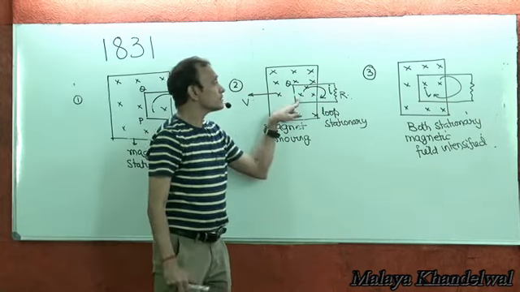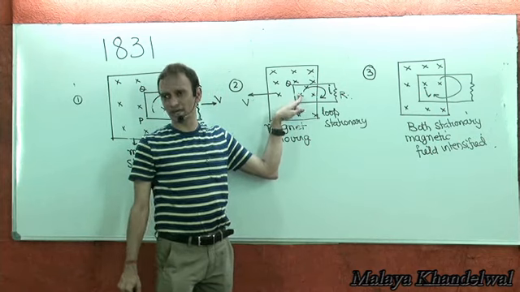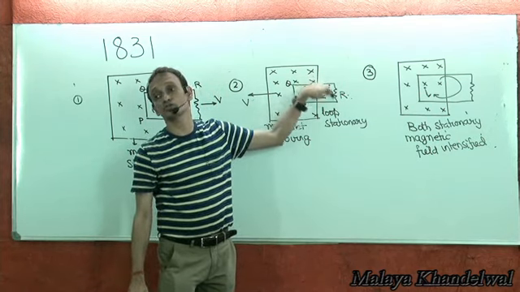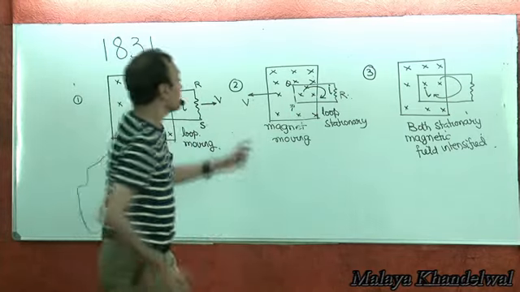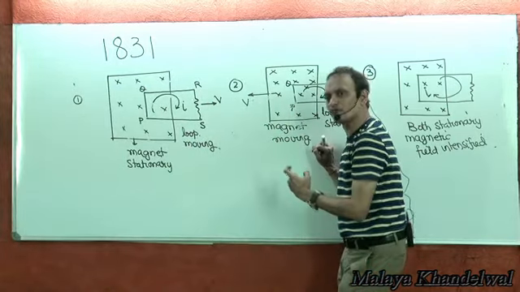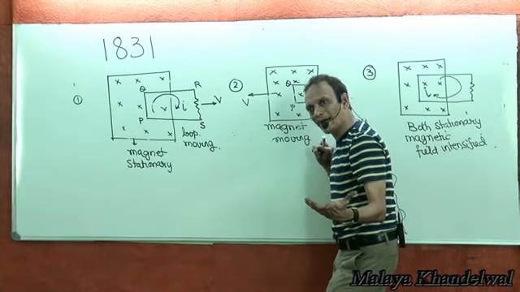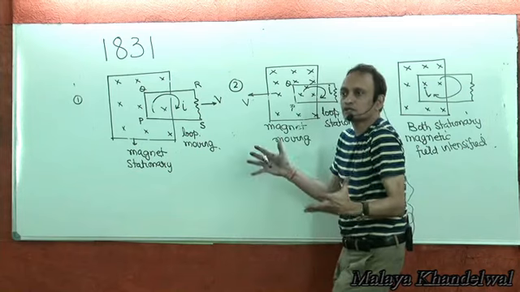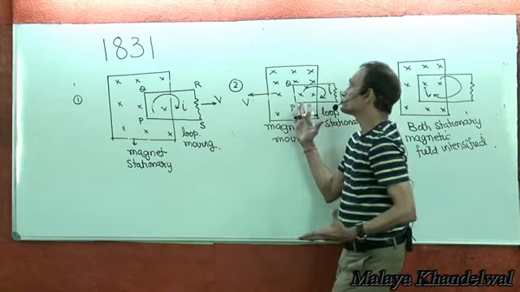That was experiment 2, which could not be explained, based on motional EMF, how the current I was driven through the loop. Because there was no force acting on charges at rest. The conductor PQ was charges at rest. Therefore, they didn't experience a magnetic force which could create an EMF, which could generate a current through the loop, right? So this was an issue.